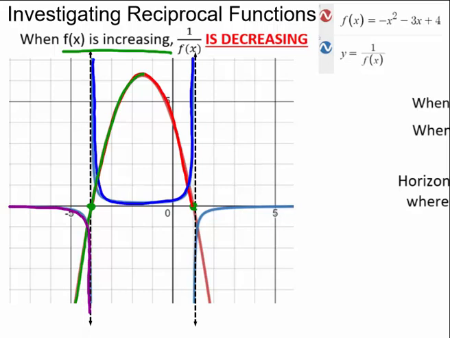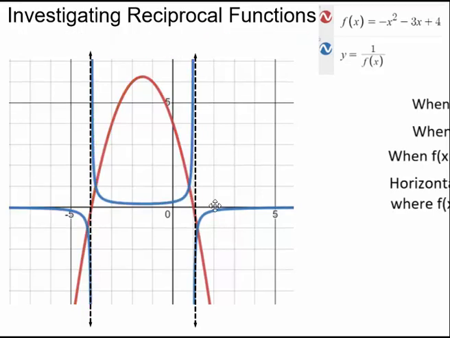The graph jumps across the asymptote, but as soon as it does, it starts to decrease again, and continues to decrease to basically the midpoint of the graph right here. So the original was increasing, the reciprocal is decreasing, and you can see that in the second half of the graph, the opposite is true. My original graph was decreasing, my reciprocal is increasing.